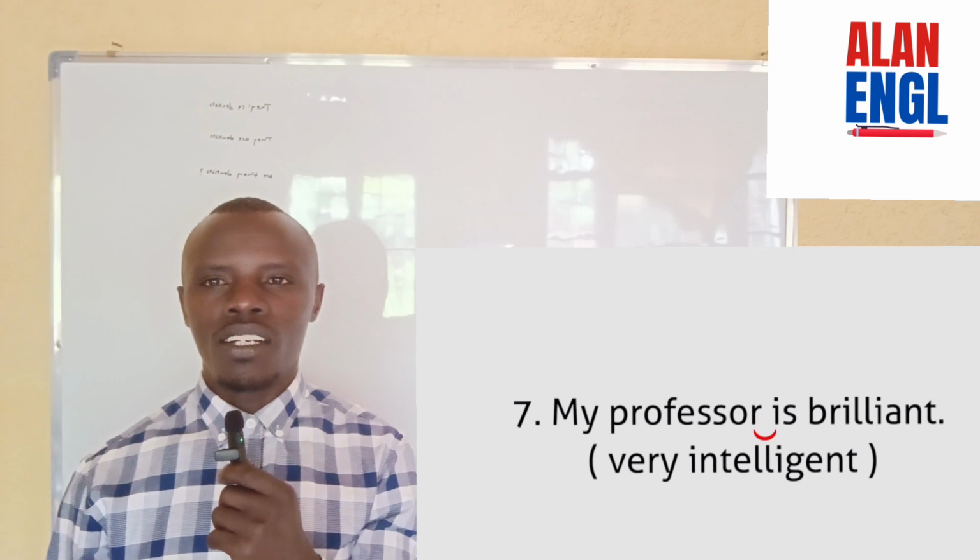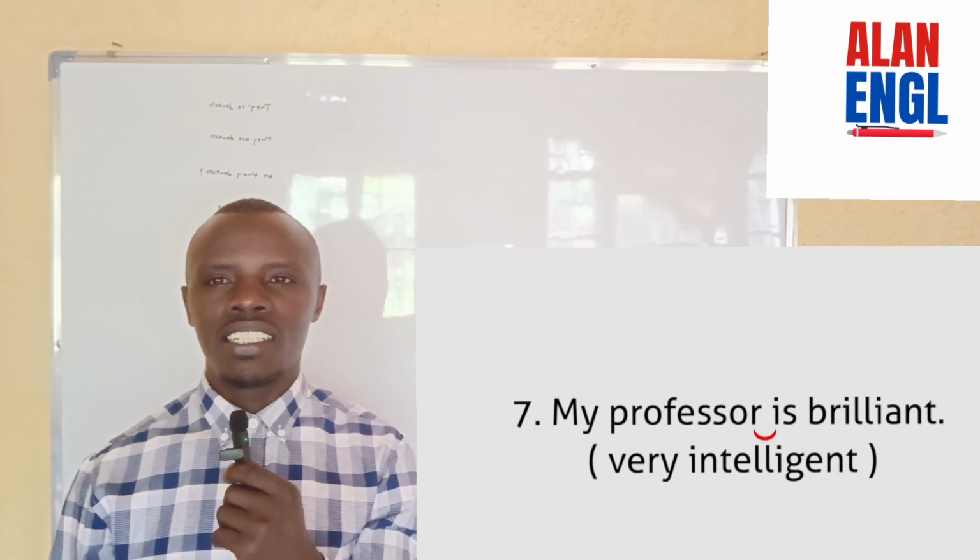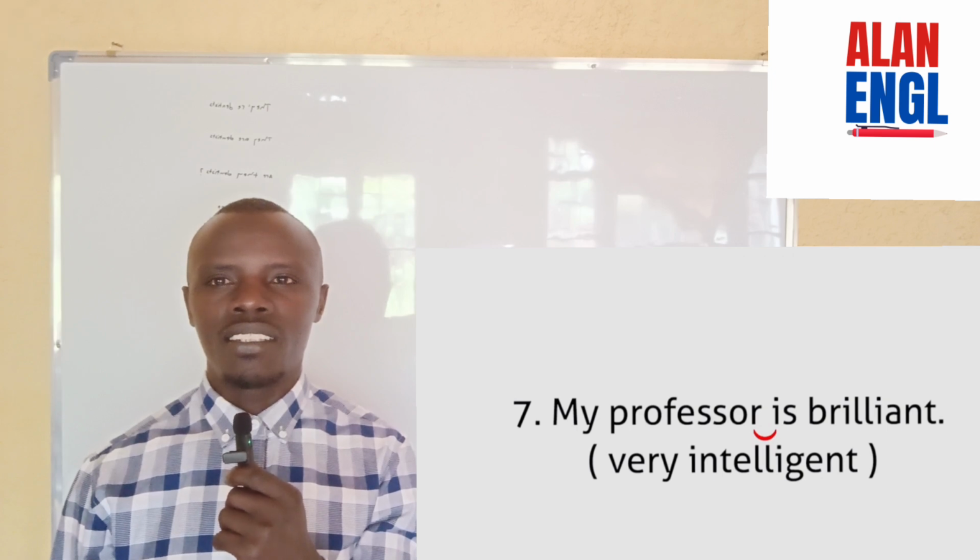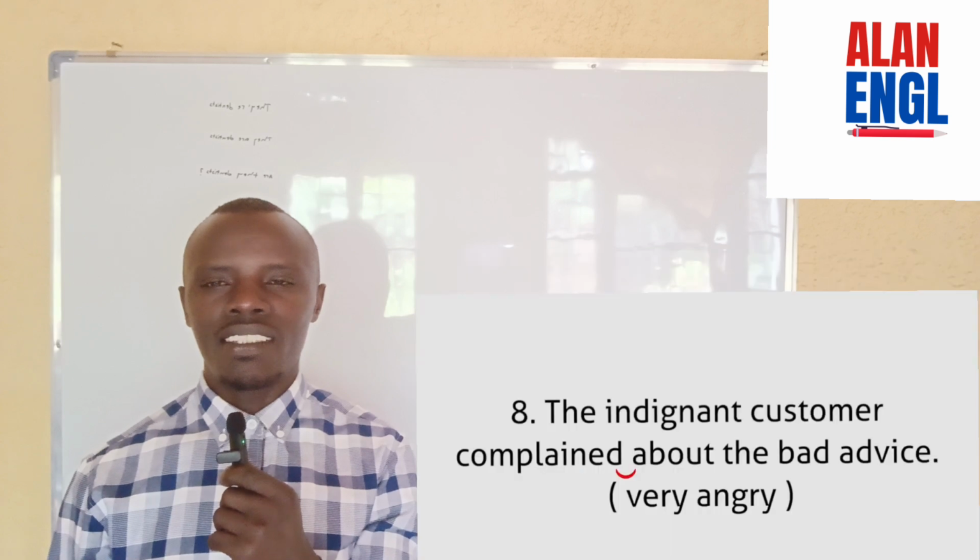The advanced word for very intelligent is brilliant. For instance, instead of saying my professor is very intelligent, you can say my professor is brilliant.